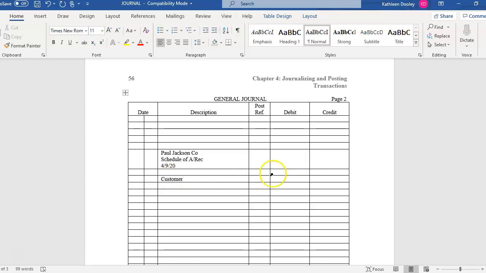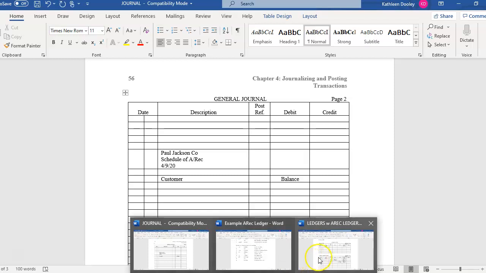Okay, and we're going to have one column for the customer, and we're going to have one column for the amount. This is not debit and credit, so we just have a balance column. Okay, now we're going to list every customer that owes us money. So if they don't owe us any money, they're not going on the list.